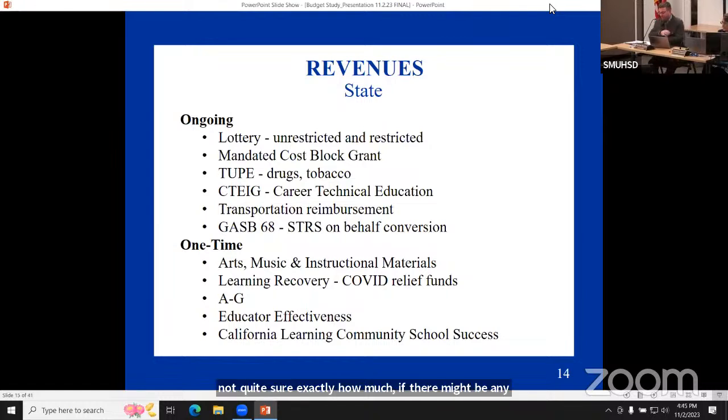There might be some verbiage out there from the county office, but they're doing a lot of echoing or parroting what school services is interpreting, but that is very different than what the state actually requires or directs on how we can spend the money, how much.